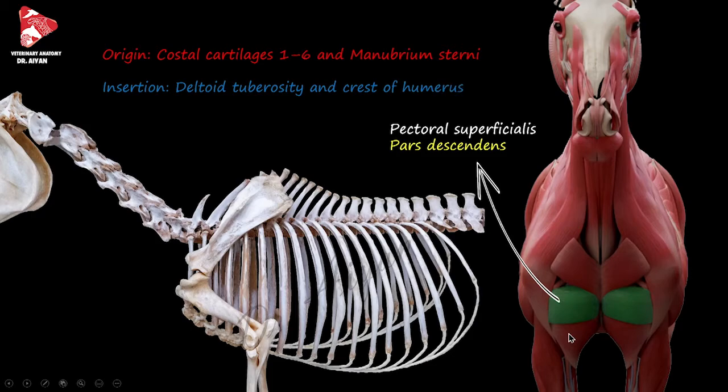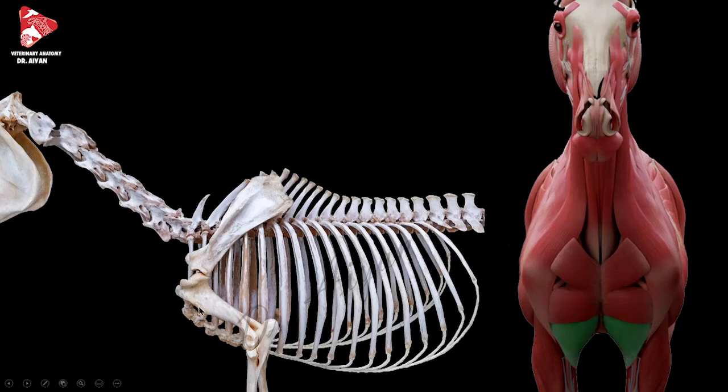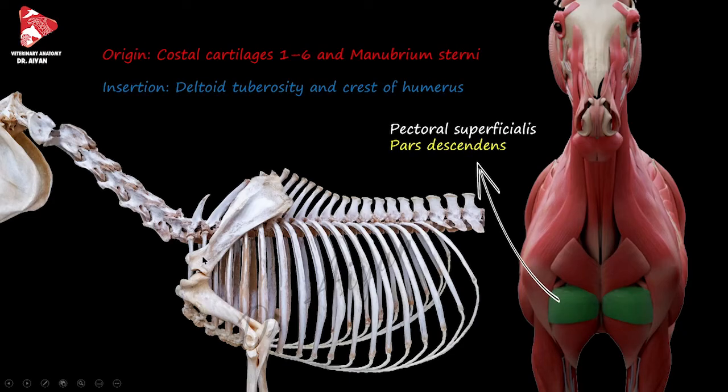The same muscle, of course, inserts to the deltoid tuberosity and the humeral crest. This is the deltoid tuberosity, and from it down to the body, this is the humeral crest. This is the insertion of the descending part of the superficial pectoral muscle.